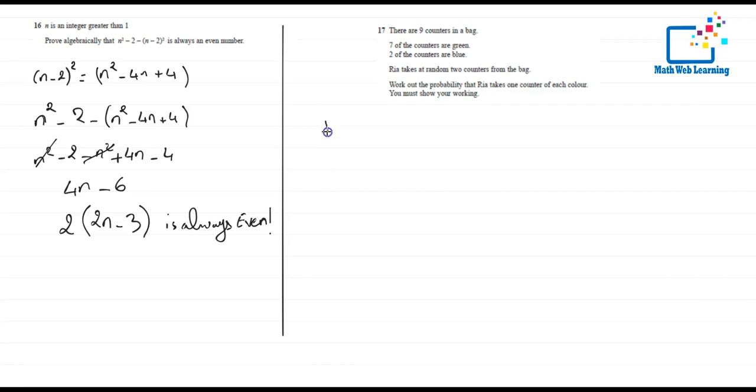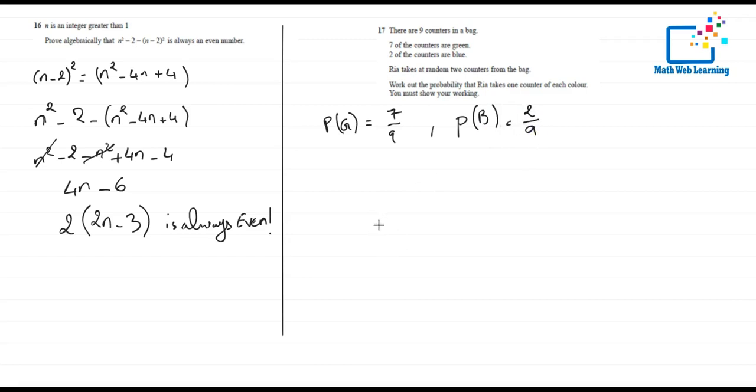Now the probability of getting, let's write it down first, green, G for green, is 7 out of 9. And the probability of getting blue, B for blue, is 2 out of 9.